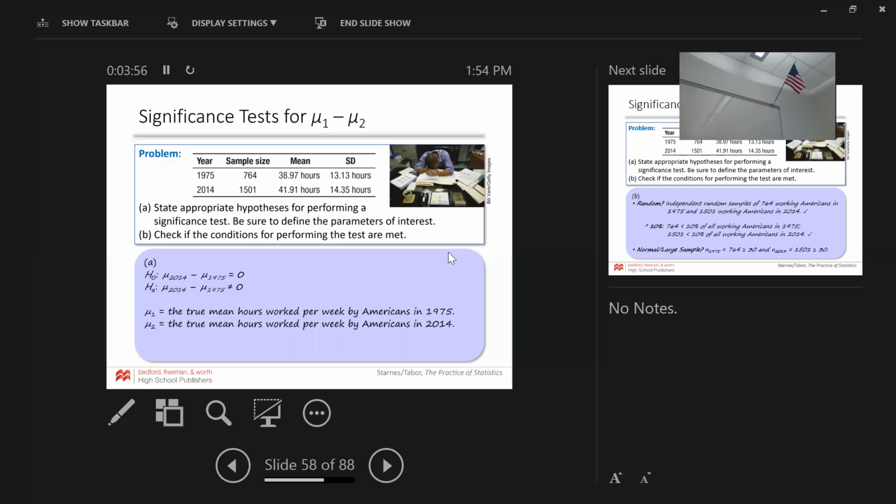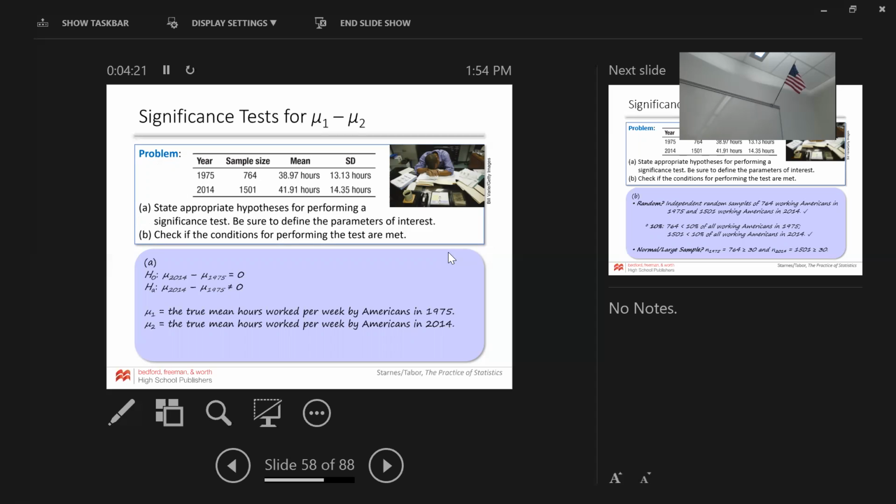But the question says, has it changed? And change is telling you two-tailed test. It doesn't say test to see if the hours have increased. In theory, maybe they decreased. Like the thought was in 1975, with technology, people wouldn't have to work as many hours. It didn't happen in practice.